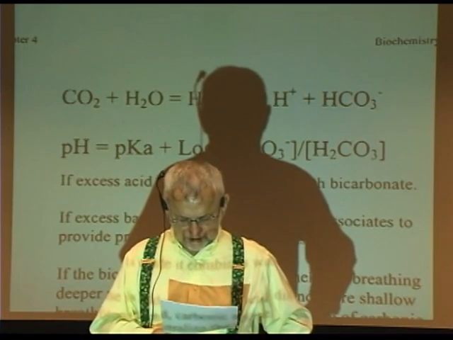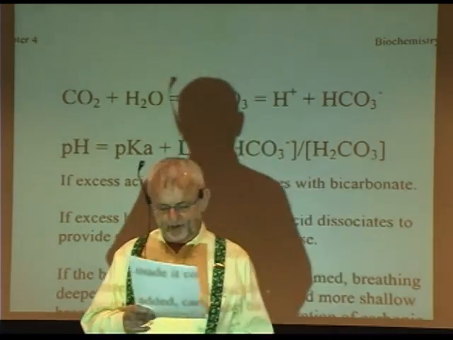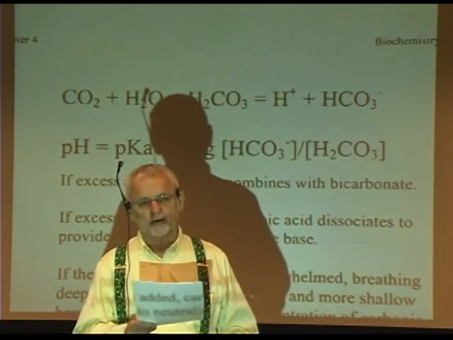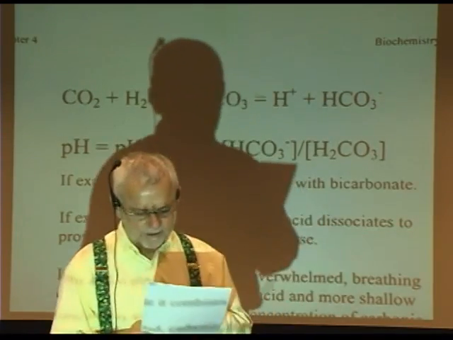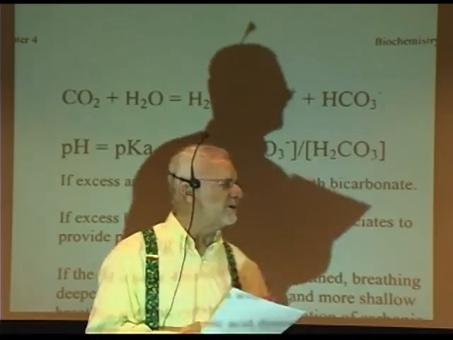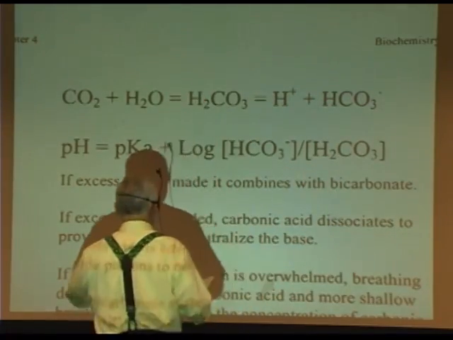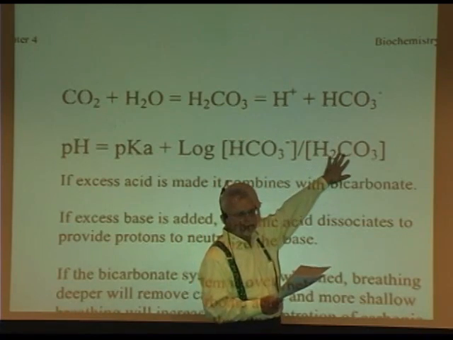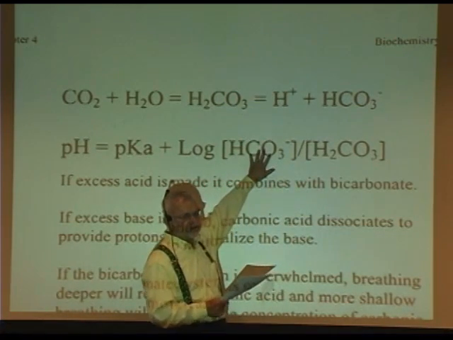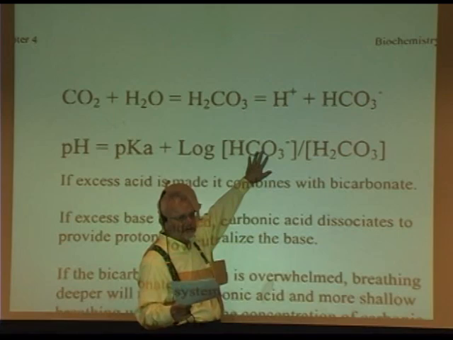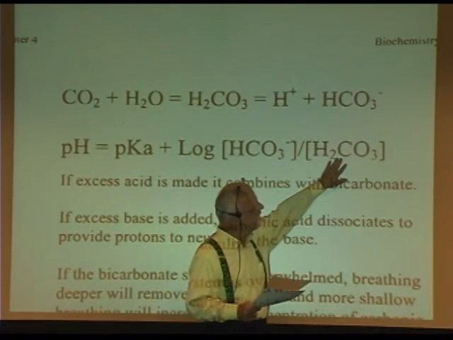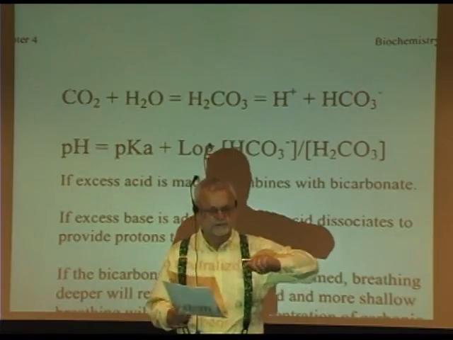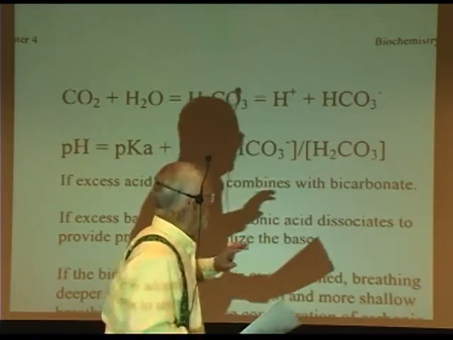Her serum bicarbonate is 8 milliequivalents per liter, 8 millimolar. Normal is 24. Oh, God, did I just say 40? I'm sorry. This value should be 24. This should be 1.2. When I said 40 here, I was thinking of this, the normal value for CO2 in millimeters of mercury.